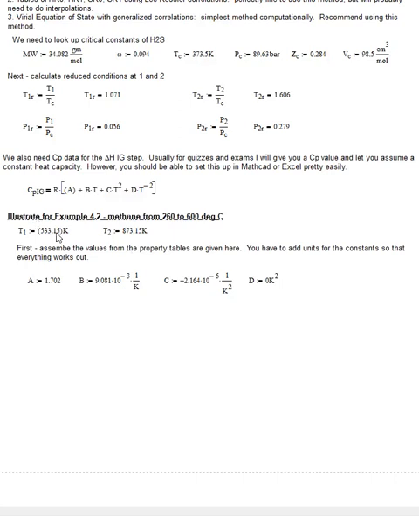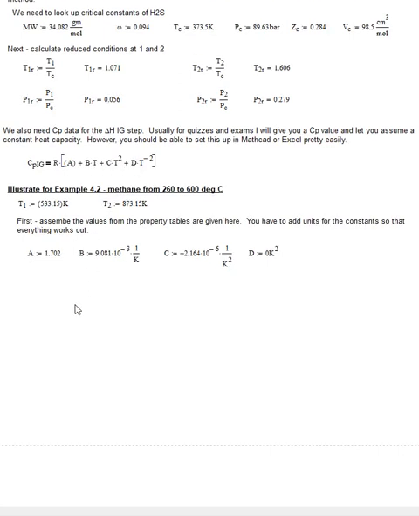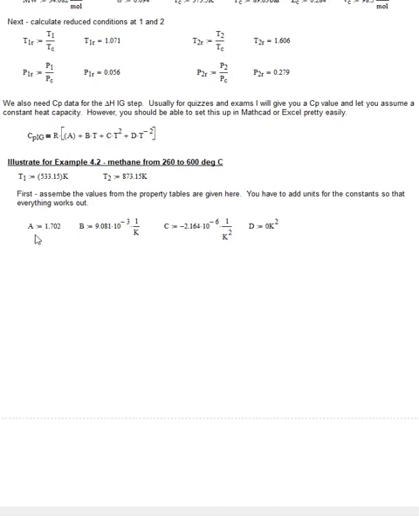So we convert our temperatures to Kelvin, and then we go to our table. I believe it's table C1, where we look up the parameters for A, B, C, and D. One of the things you'll notice is that your table does not give you any units. I don't know why they did this.